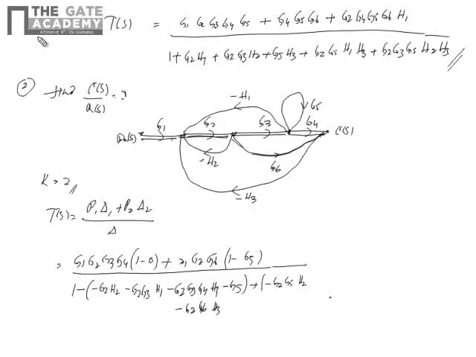Then two non-touching loops, plus: G2 H2 with G5, then G2 G6 H3 and G5, that is also another non-touching loop. So you will get plus G2 G6 H3 into G5.